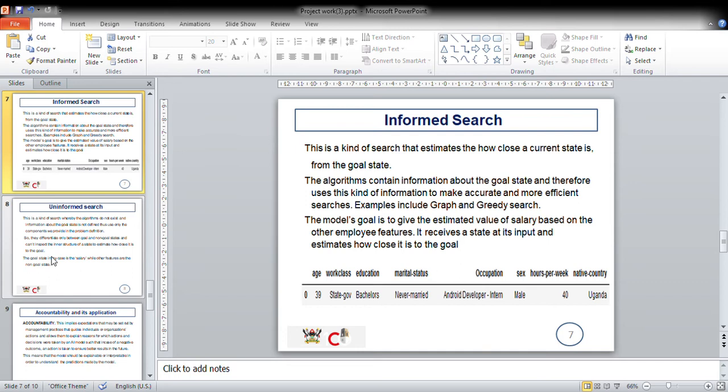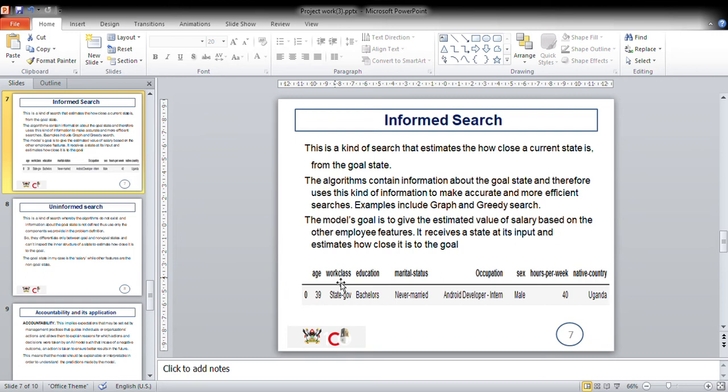Now, when the employee goes ahead to input the work class, the model will go ahead to filter information of workers in the age group of 50, and then in a work class of maybe state government or private or self-employed. And then you go ahead to filter out all that information.